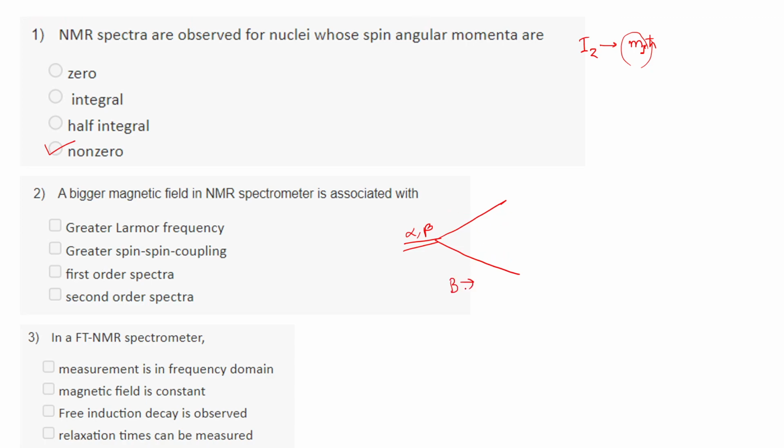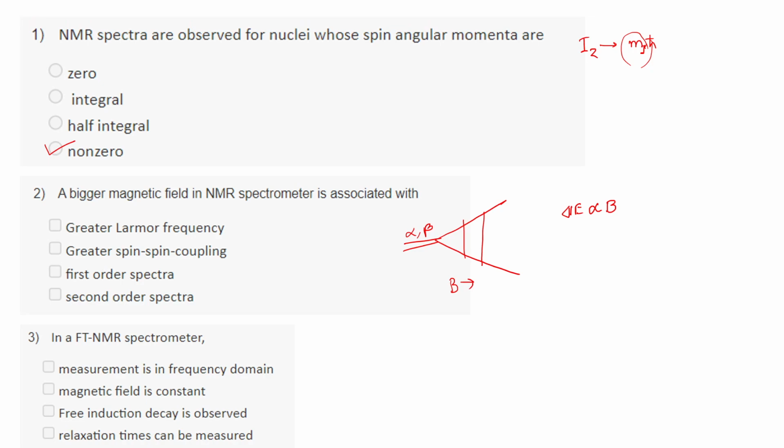When you increase the field, your splitting is going to be high, so your delta E depends on B, the magnetic field along the z-axis.